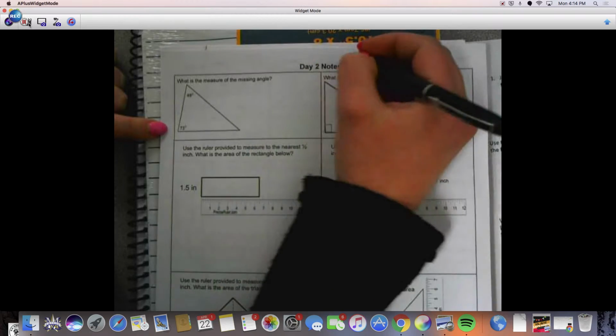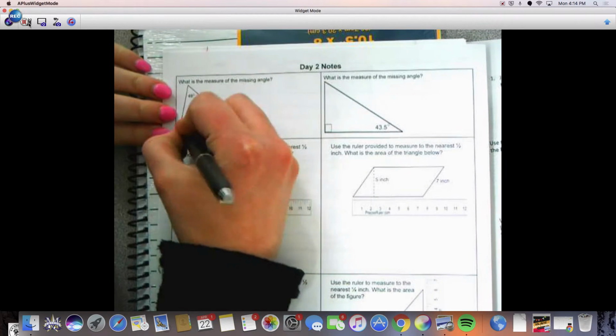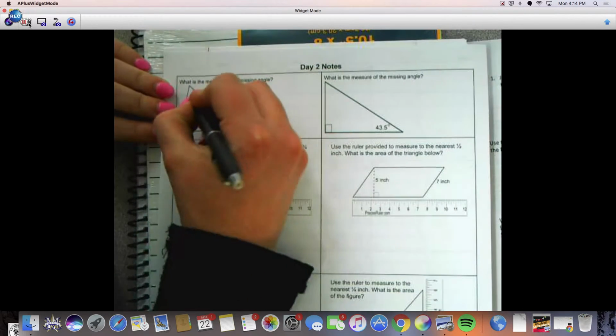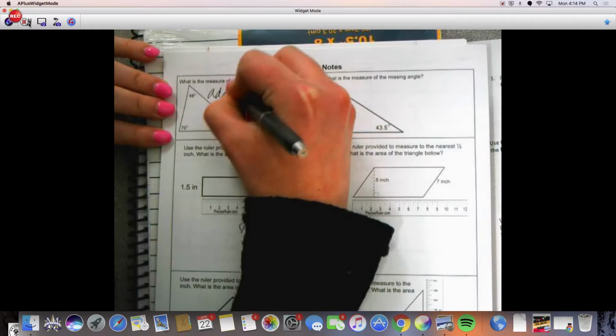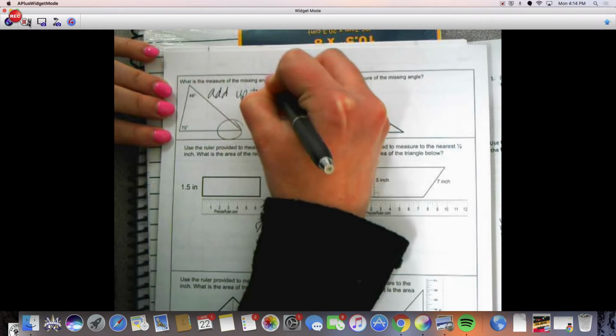We are going to start today with some notes. So the first problem is a triangle problem. They want you to determine what this missing angle is. Well, we know that all triangles add up to 180.